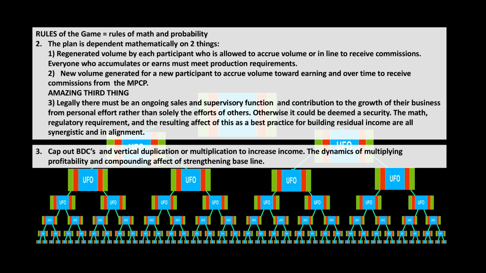That's the deal, and it's necessary mathematically. You can't have more and more people in there doing nothing, passive, getting credit for what other people do and earning just like they earn. So the new volume generated for a new participant to accrue volume toward earning, and over time to receive commissions from the MPCP, has to be done.